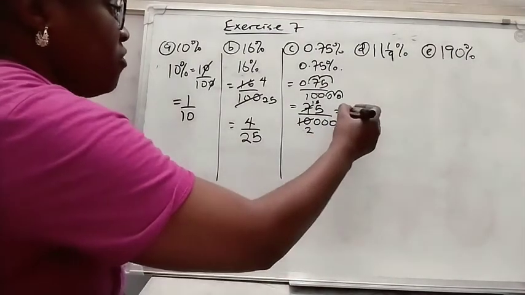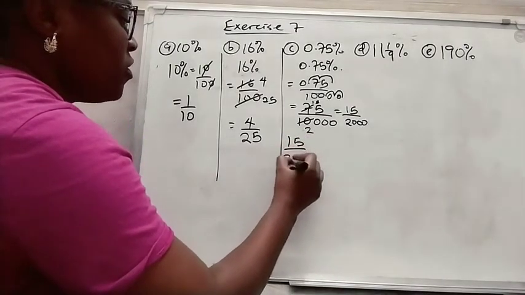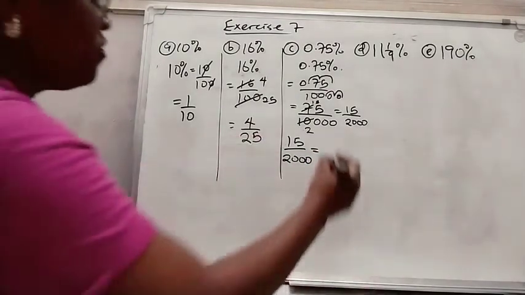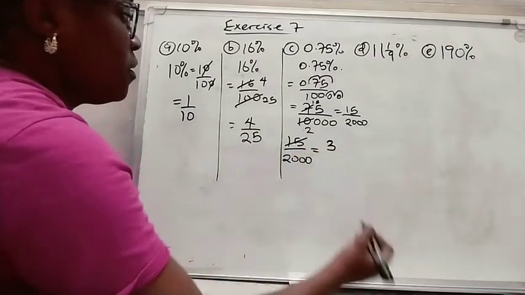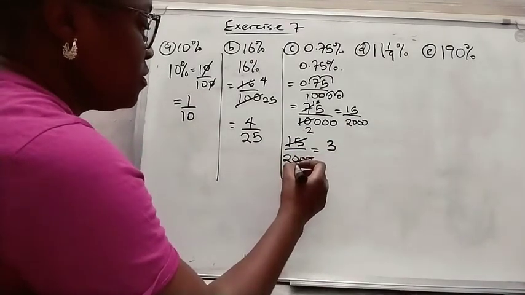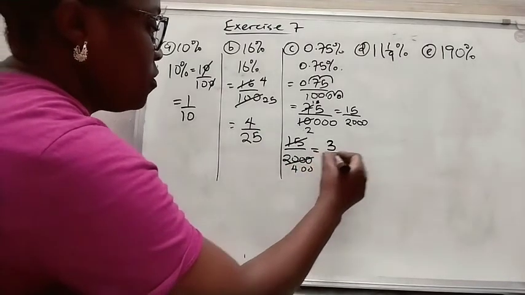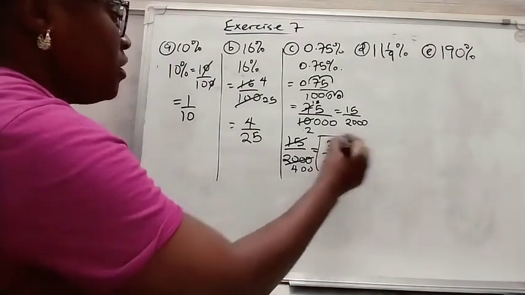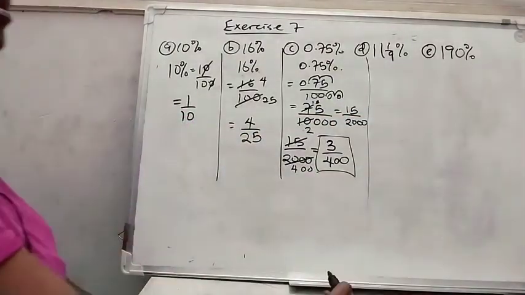So we'll say 5 goes here, let's bring this down, 15 over 2000. 5 goes into 15 3 times. 5 goes into 2000 400 times. So our fraction is 3 over 400.